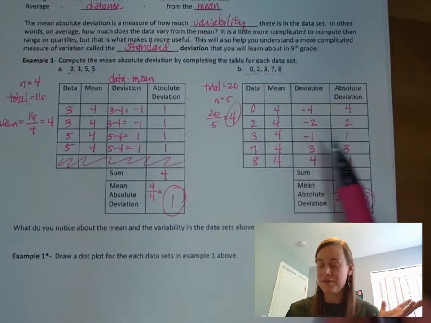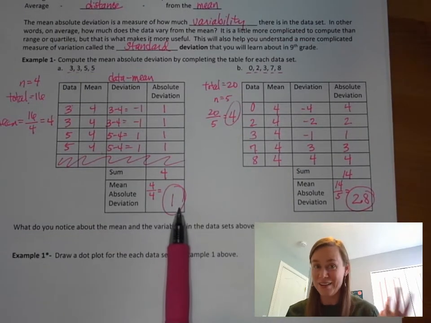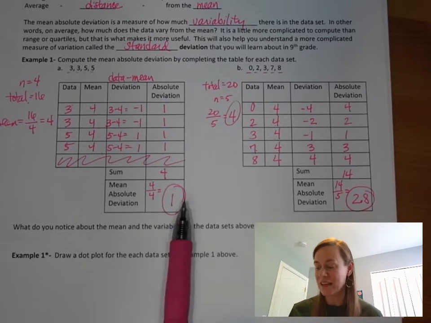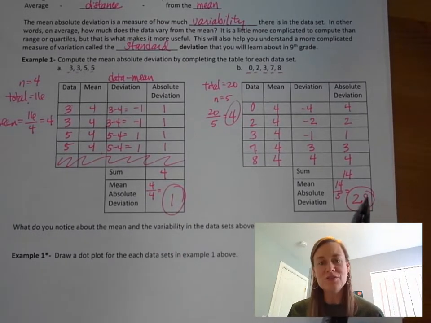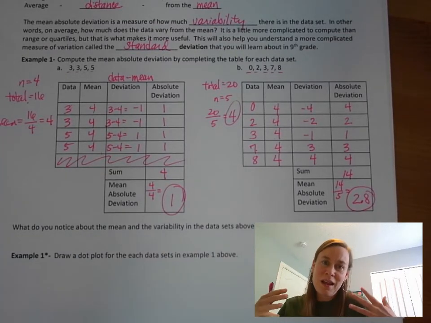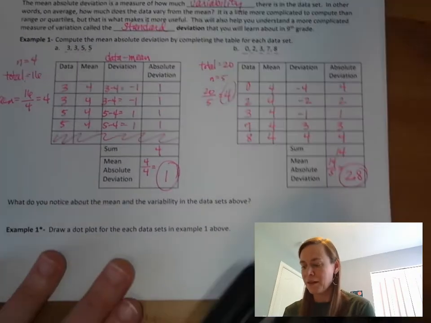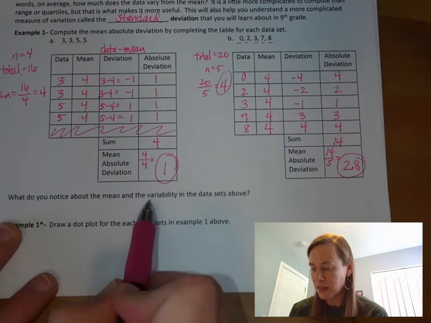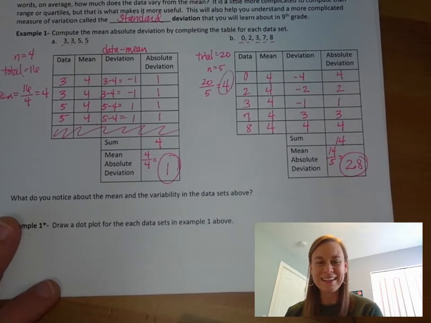And let's look at what we have. 2.8 versus 1. Yeah, it all adds up. The mean absolute deviation is definitely higher for this data set than for that data set. So if you ever see this number as being higher, you'll know that the data is more spread out. Whereas if it's a lower number, the data is more clustered together. Okay, and then it says, what do you notice about the mean and the variability in the data sets above? Oh yeah, that's what I was just talking about.